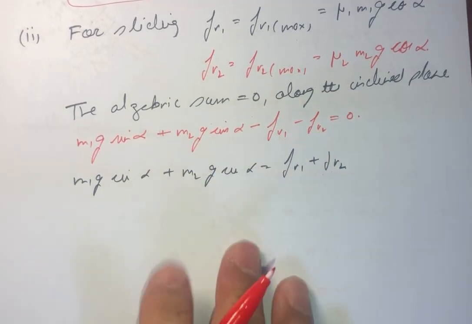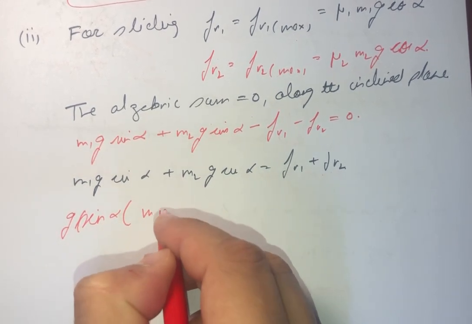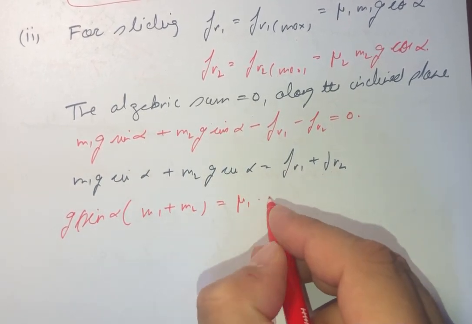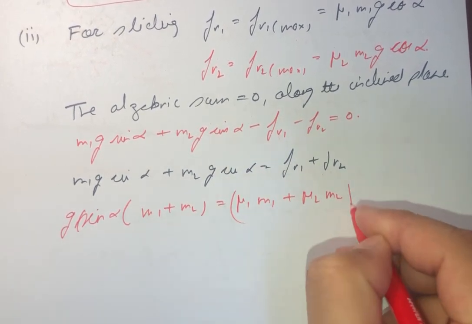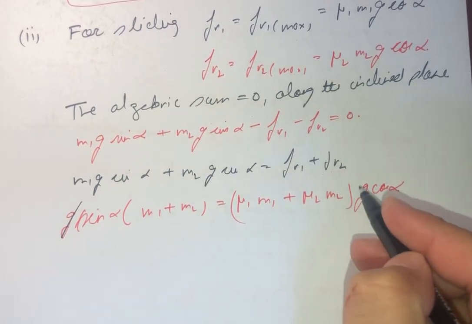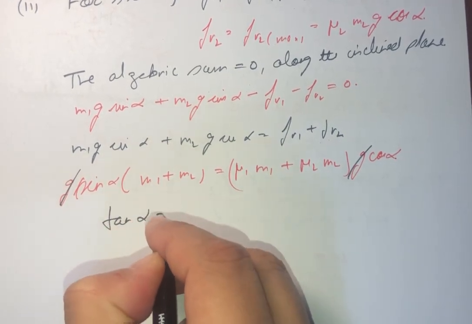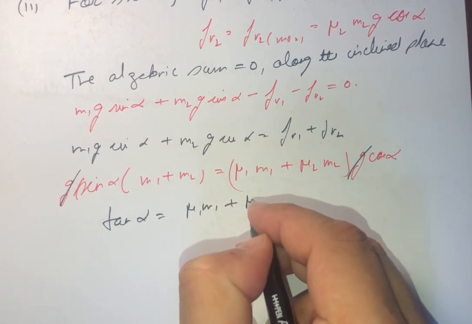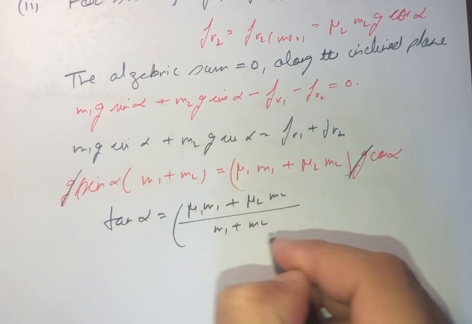Taking g sin alpha common, we get g sin alpha (m1 plus m2) is equal to, with fr1 as mu1 m1 plus mu2 m2, and g cos alpha as a common part. g and g cancel out, so tan alpha is equal to (mu1 m1 plus mu2 m2) divided by (m1 plus m2).